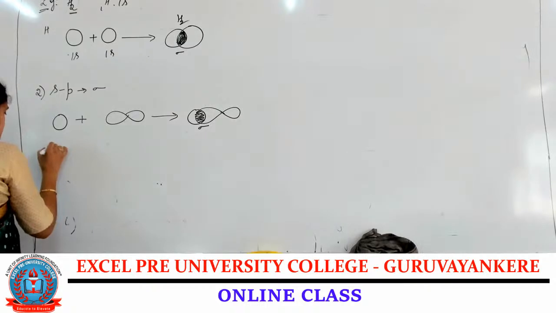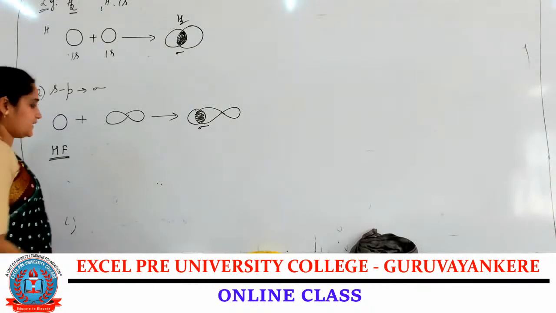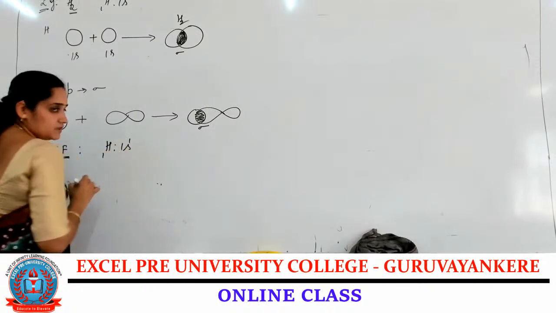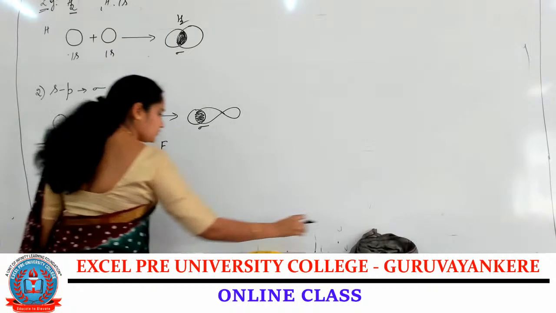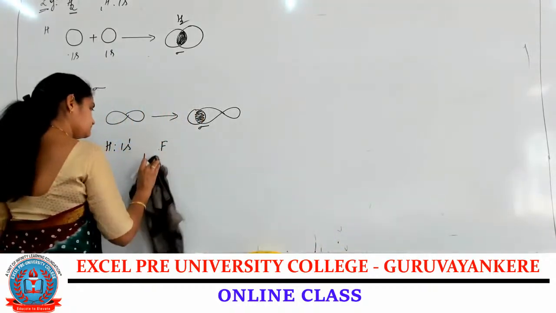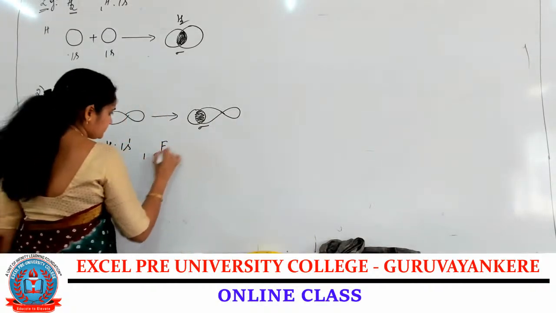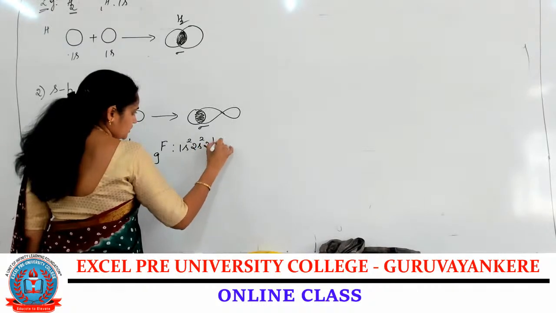Example for the sp overlapping, formation of hydrogen fluoride. Hydrogen is 1s1 and fluorine is 7. Sorry, fluorine is 9. Fluorine is 1s2, 2s2, 2p5.